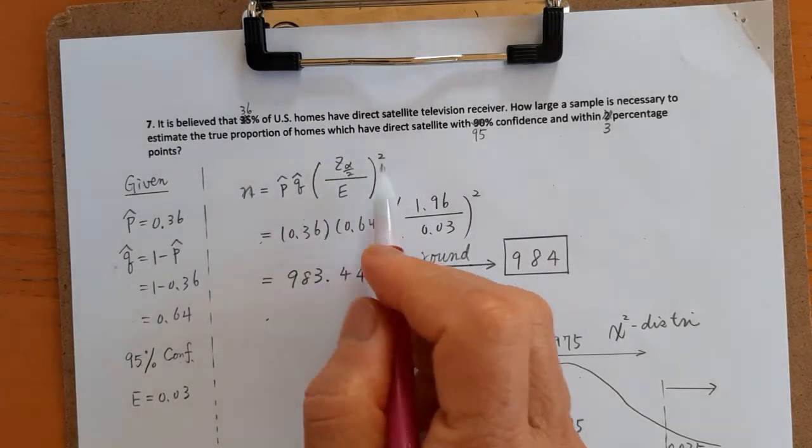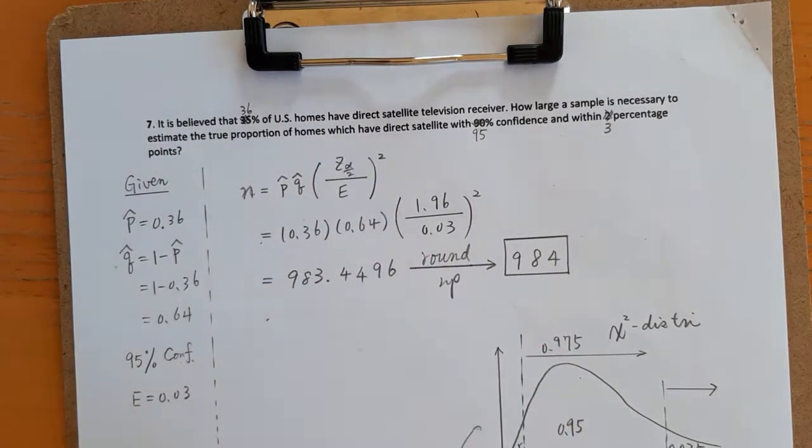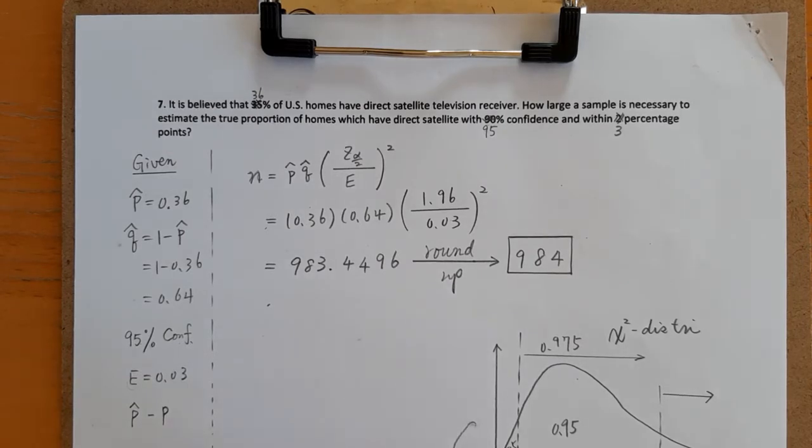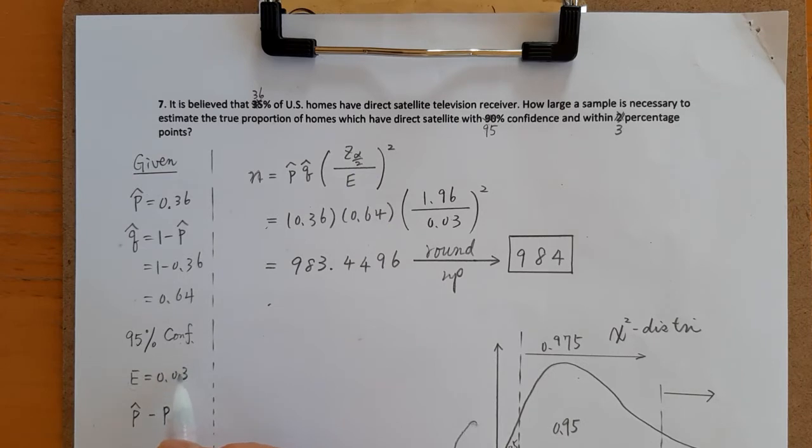In this formula, the margin of error is the difference between the true proportion, which is the population proportion, and the sample proportion P hat, within 3%. That's what we call E, the margin of error.